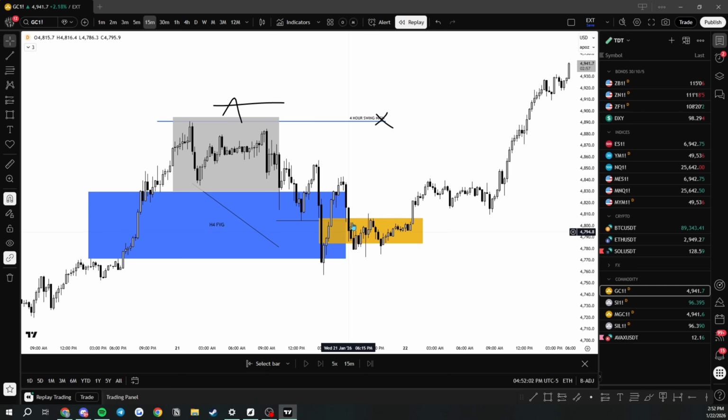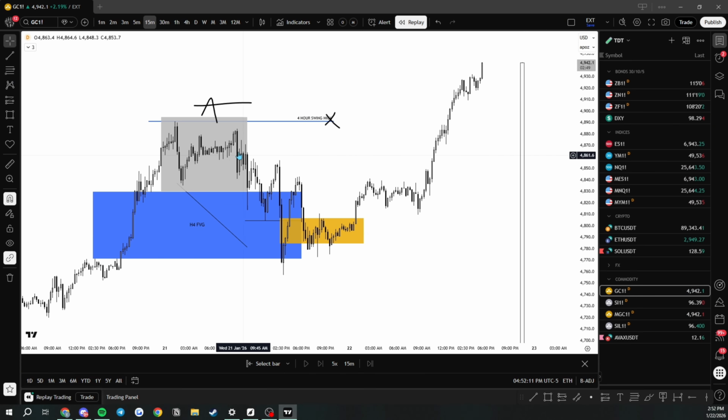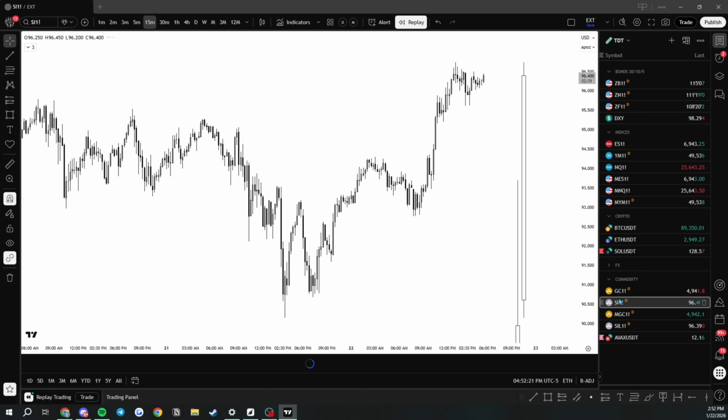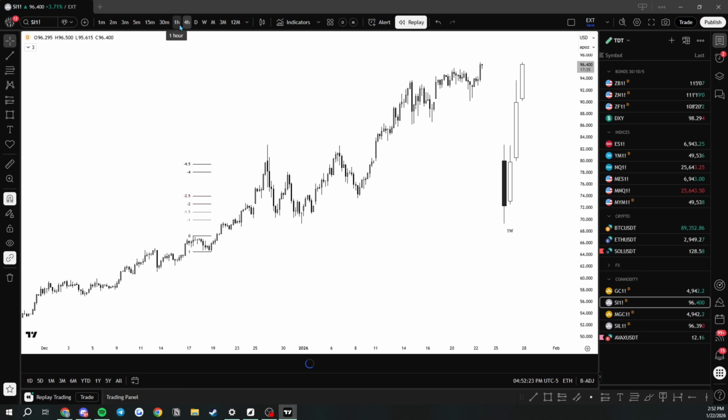And yeah, we came out of a 4-hour that we're using the same topic, same ideas. We just used it on the 15-minute, right? We got that accumulation, manipulation, and look at this distribution. I had some notes on silver, but they were gone when I came back to it.